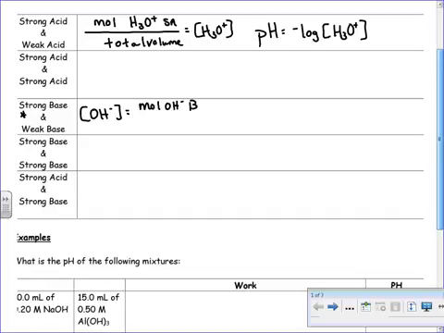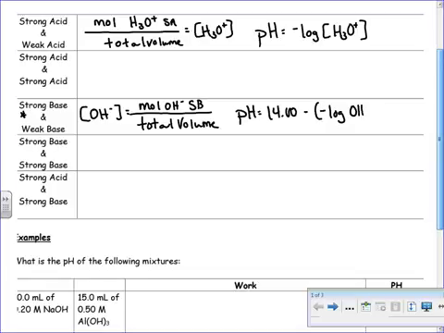Please remember that if it is a family 2 strong base, you're going to have to double the concentration of the base to get the moles of hydroxide. And then we'll divide by the total volume. And since we're dealing with a base and it's making hydroxide, to get pH, we'll do 14 minus the pOH, and pOH is the opposite of the logarithm of the concentration of hydroxide.